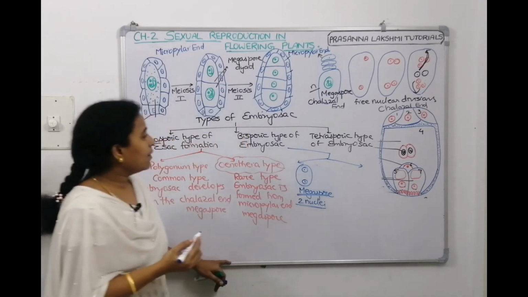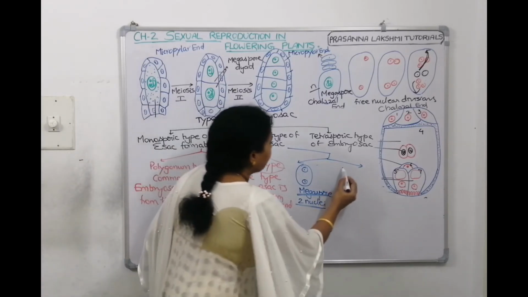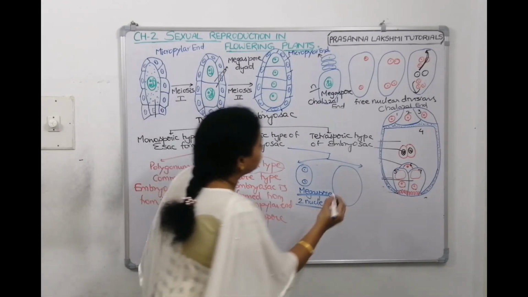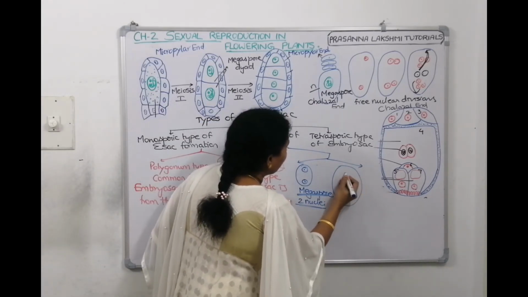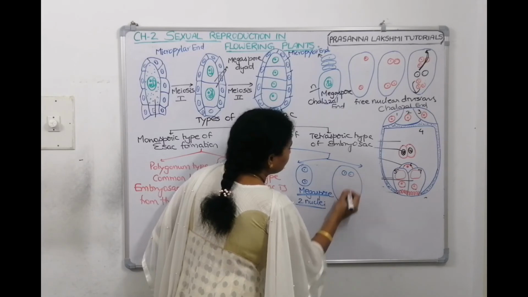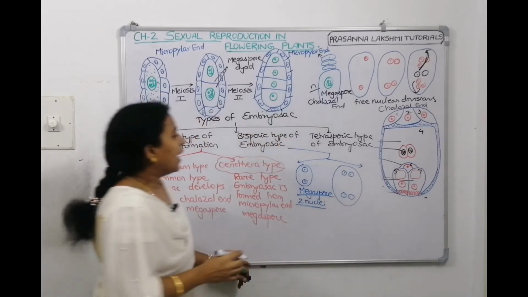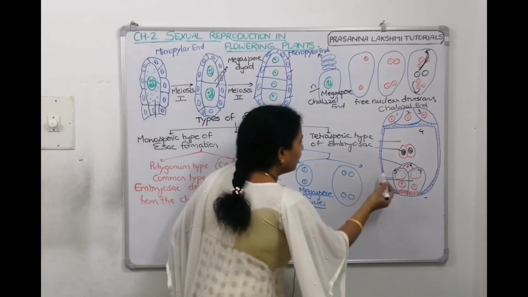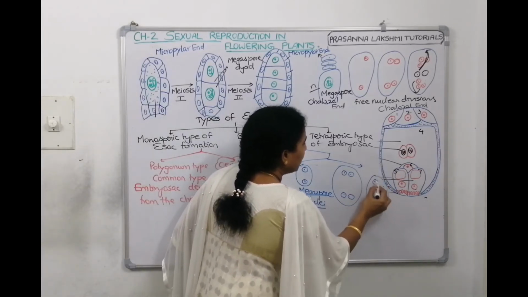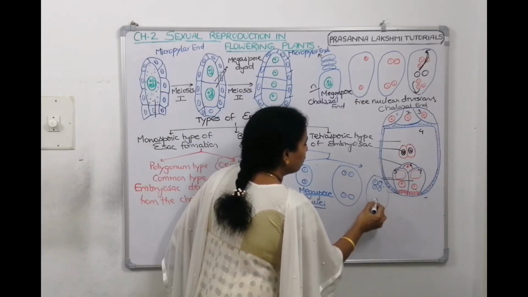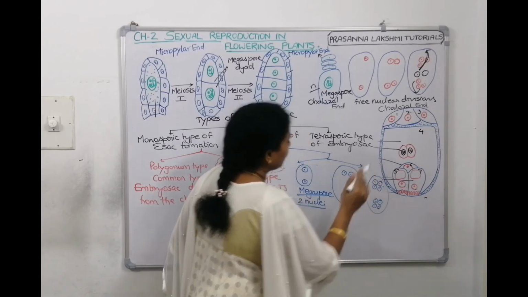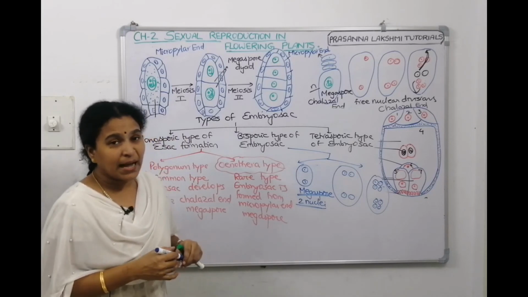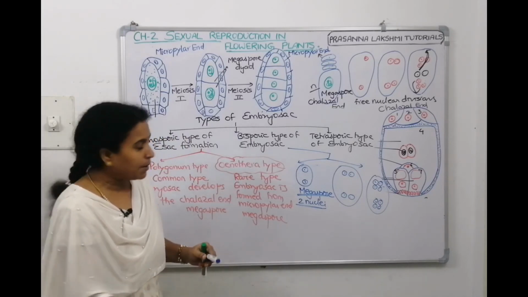And these 4 nuclei will make 8 nuclei: 1, 2, 3, 4, 5, 6, 7, 8. This 8-nucleate structure will make the embryo sac. Then that is called the bisporic type of embryo sac.